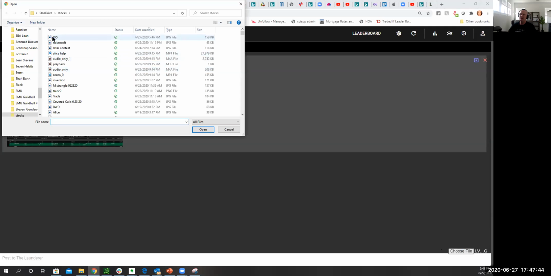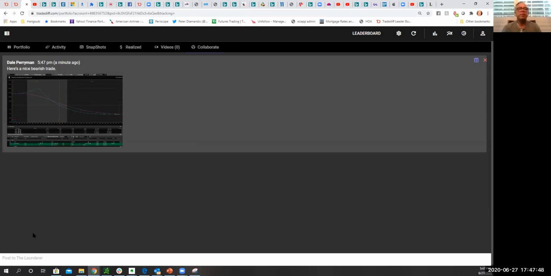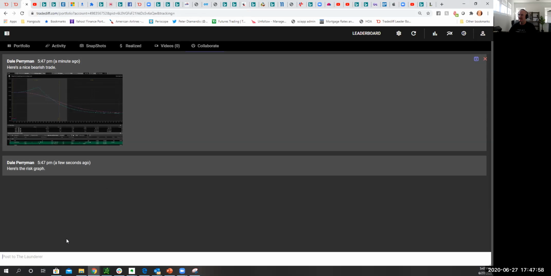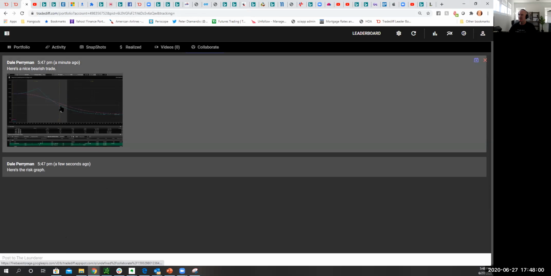I go up here to LVS, which is what I called it, and type in, here's the risk graph. Then I hit enter and it posted. I guess it already put it on there, so it doesn't put it twice. That's essentially how you post stuff. It gives us a way of capturing all these ideas that we're talking about so we don't forget them.